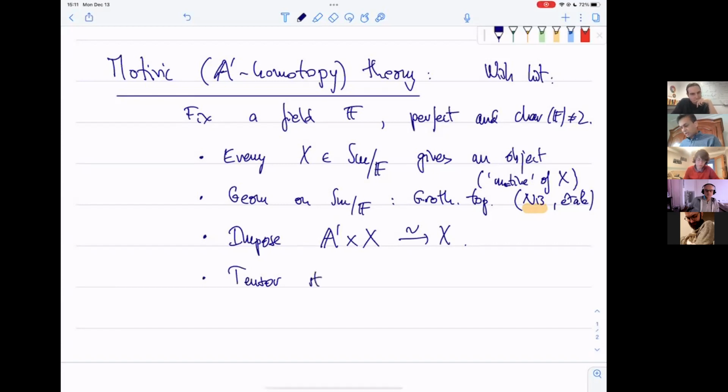So the tensor should be such that the motive of X tensor the motive of Y, and I would have to be a bit more careful here and call it maybe X with a little plus here, should be the Cartesian product of varieties. So you want to think of the tensor structure as induced on this new world that you try to create from the Cartesian product of varieties over F.